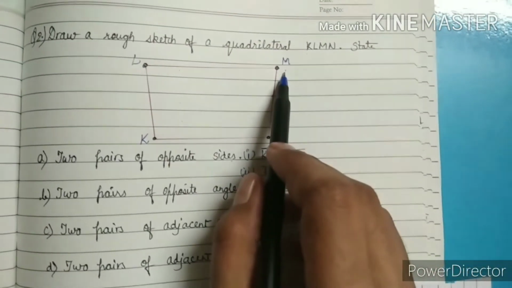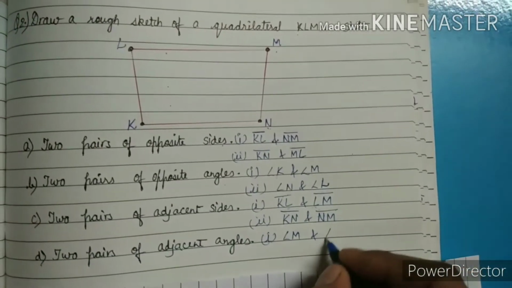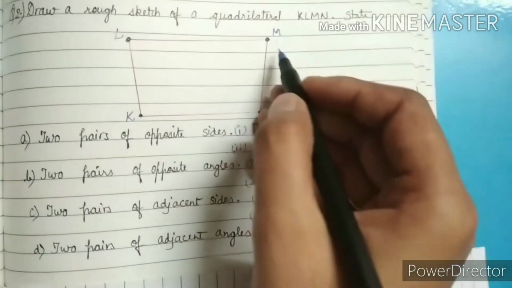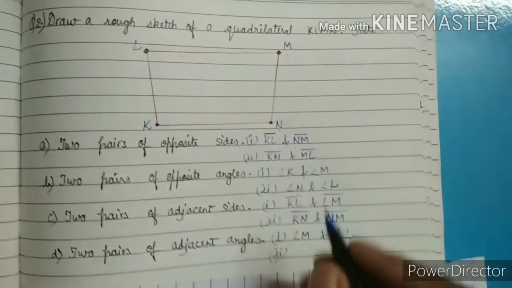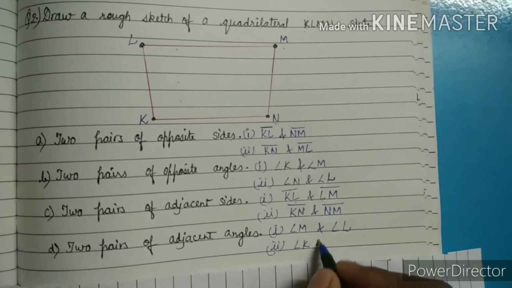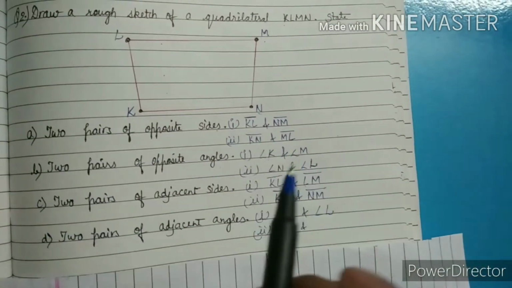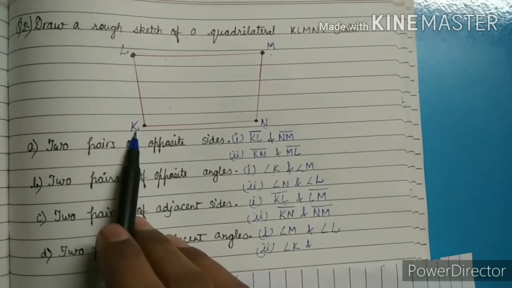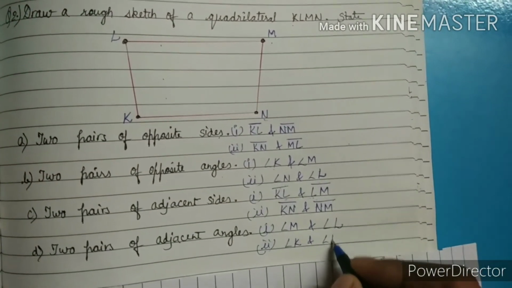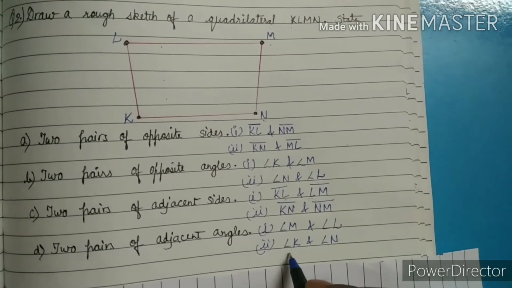So this time I am taking angle L. Angle M neighbor is angle L and angle L neighbor is angle M. And for the second pair, I am taking angle K. Angle K's neighbor is angle L and angle N both, but we have to take only one angle at a time. So with angle K I am taking angle N. Angle K neighbor is angle N, angle N neighbor is angle K.